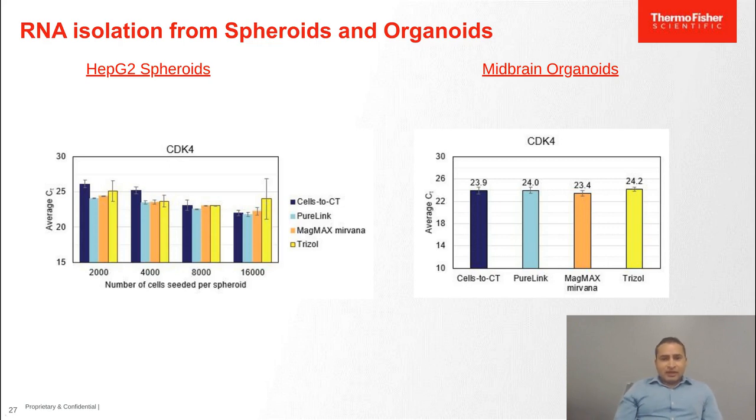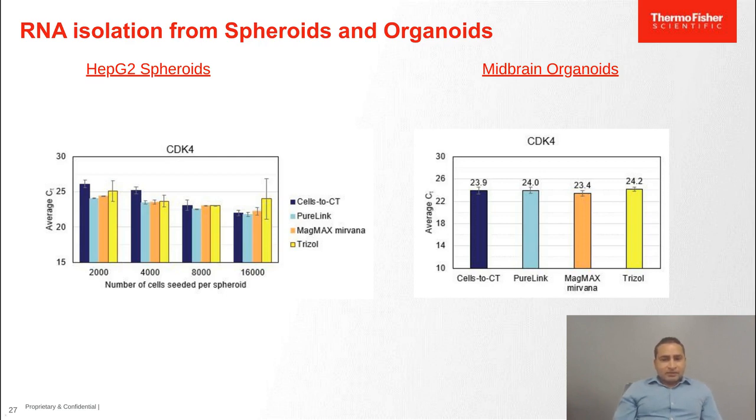On the graph on the left, you do get consistent recovery of RNA and gene expression from spin column-based PureLink RNA mini and also the magnetic bead-based MagMAX mirVana, shown here by consistent recovery of the average CT value. Cells-to-CT showed higher CT values for low cell input, but showed consistent recovery compared to PureLink and MagMAX mirVana for high cell input spheroids.